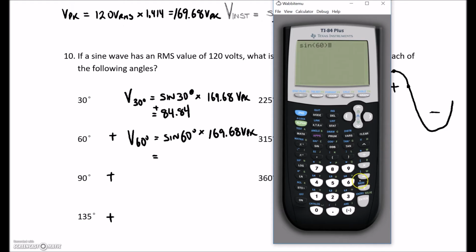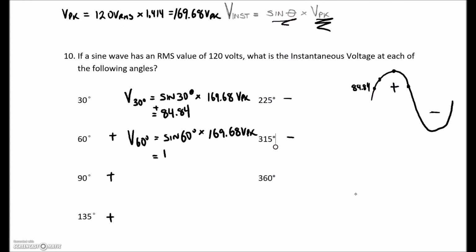Then we're going to multiply that by 169.68. And that gives us 146.95. Okay, so this value right here is 146.95 volts. Okay, we can see that it's slowly climbing.